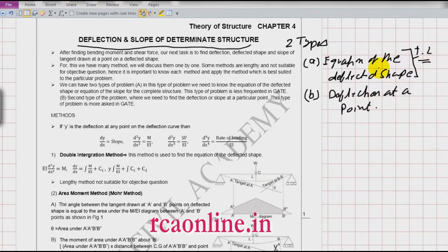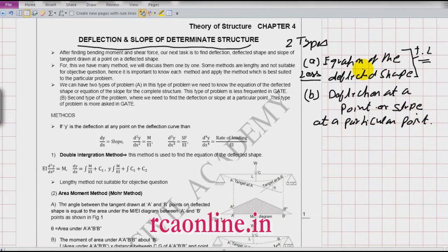In the influence line we will be requiring this, but the weightage of this type of question is very less. The total equation of the deflected shape is required very little in GATE and engineering services, but we require deflection at a particular point or slope at a particular point more.